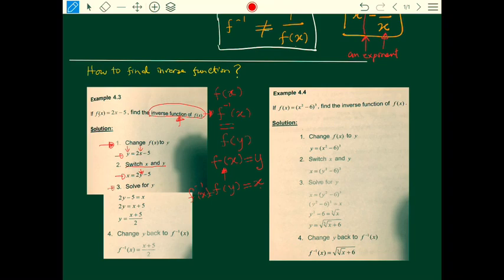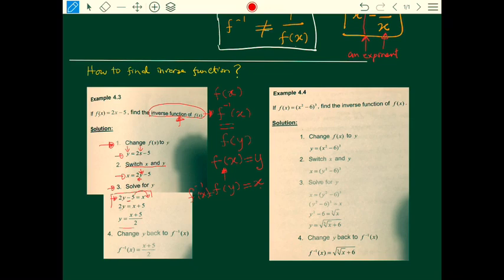The third step, we need to solve for y. In order to do this, you need to know how to rearrange it. It's just a matter of rearranging the function here. So 2y minus 5, because we want to get the y here, so we bring the minus 5 to the other side.